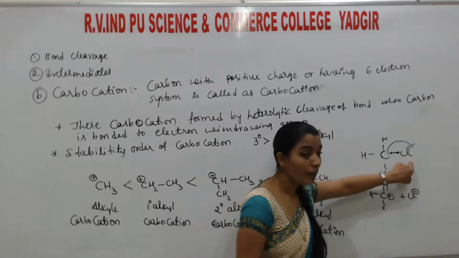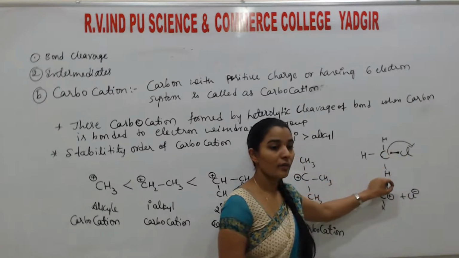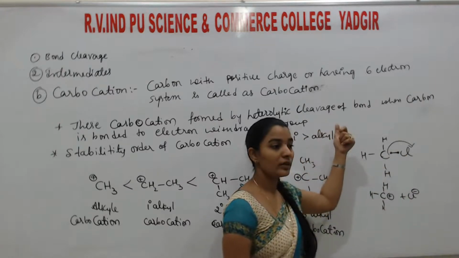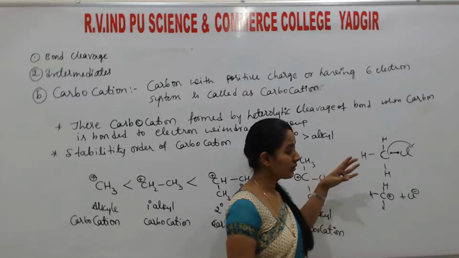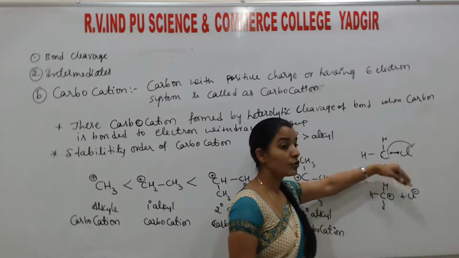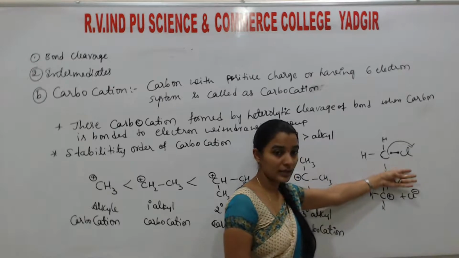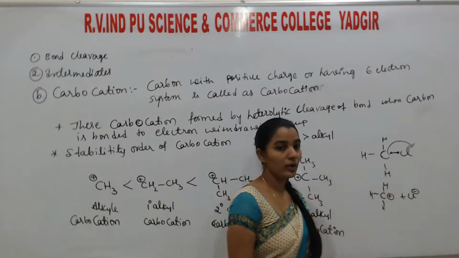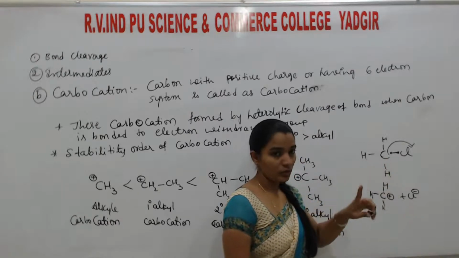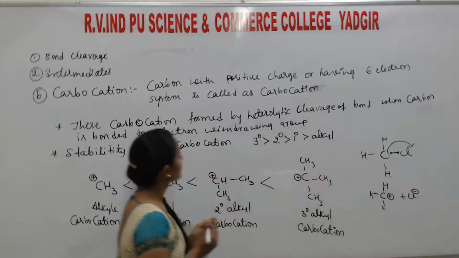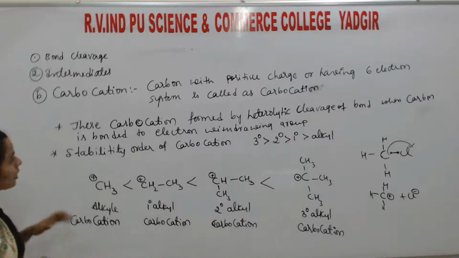If it is an electron releasing group, then it forms carbon ion. Are you getting? If it is an electron donating, releasing group, then it forms carbon ion with minus charge. I told you before. Okay, so this is all about carbocation.